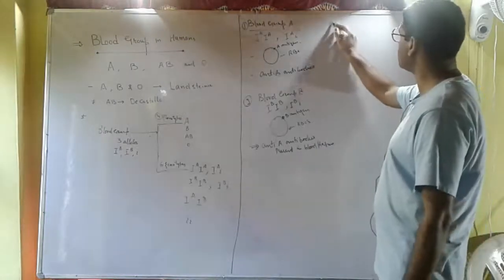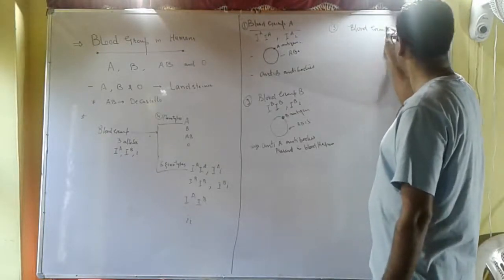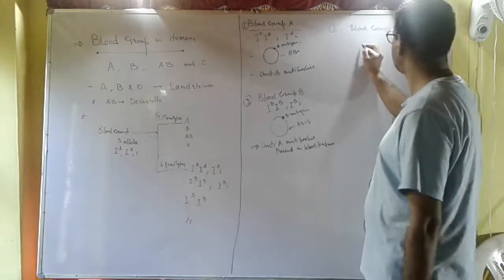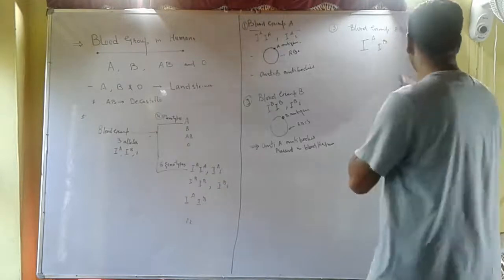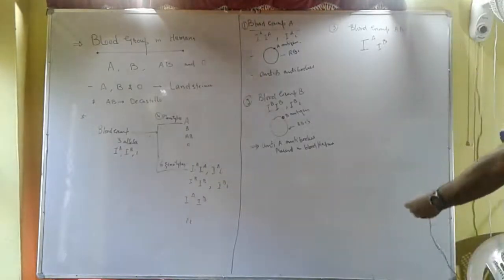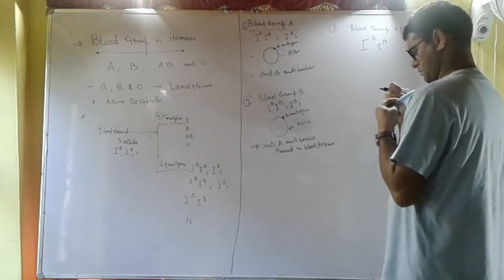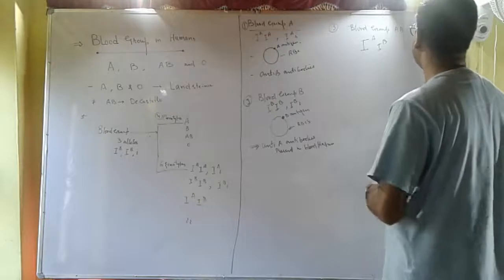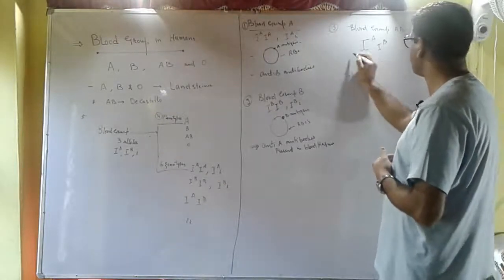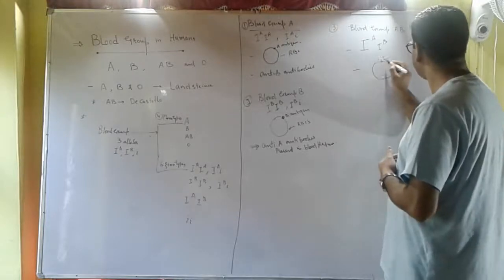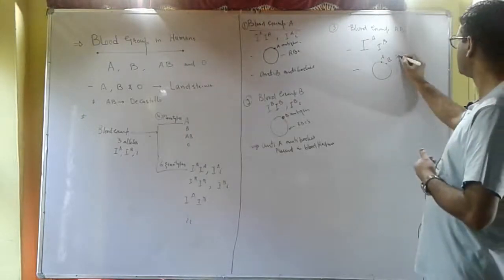Same is the case with the third one, blood group AB. It has genotype IA IB, and they have A and B antigens on the surface of RBCs.